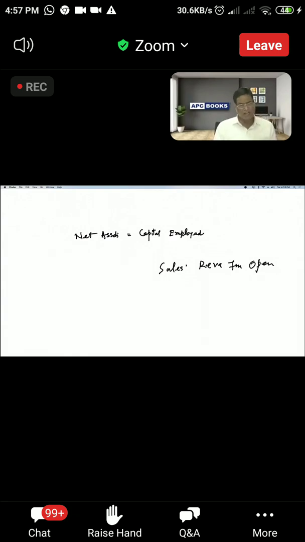We come to the next, illustration number 6. You are reading illustration number 6. Plant and machinery, intangible assets, non-current investment. Nothing is stated whether they are trade investment or non-trade. It is not clear, so they will be treated as trade investment.